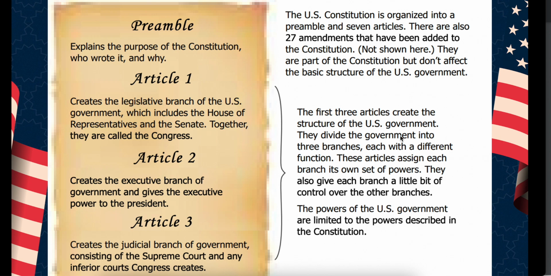For example, the legislative branch makes laws, the executive branch executes laws, and the judicial branch interprets the laws. They also give each branch a little bit of control over the other branches, that concept of checks and balances and separation of powers. So there's other ideas and principles at play, and all of this gives us an idea of what the founders valued and what they didn't value.